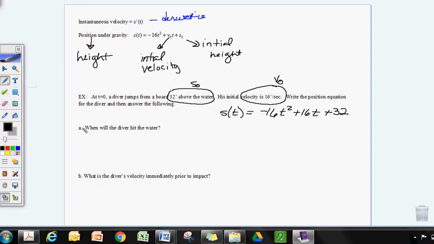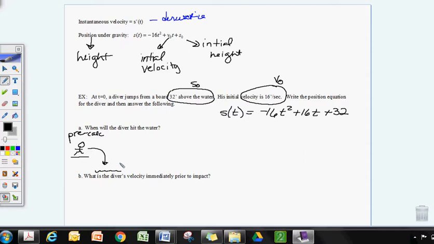This is not calculus. This is a pre-calc problem, because I'm not taking a derivative of anything. So think of the little guy standing on the ledge. Here's the water below. He falls into the water. When does he hit it?